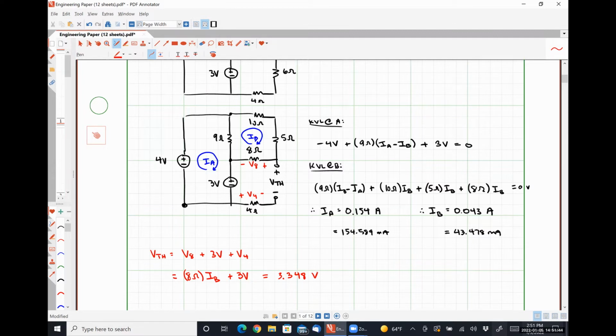So that's our Thevenin voltage. Everybody okay with that? All right.